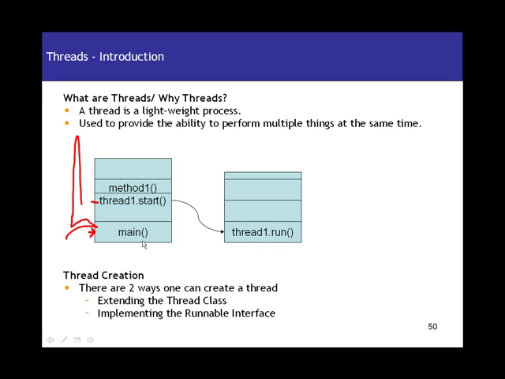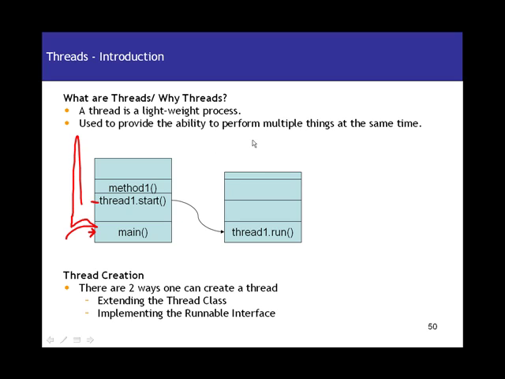So here what is happening is at the same time I have my stack of execution running, and I have the other stack of execution as well, which is nothing but the stack created for the thread, right? So basically there are two threads running at the same point of time, right? So this is what the concept of threads is all about.